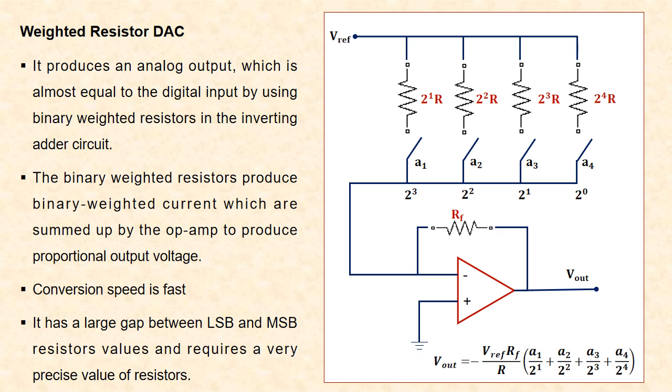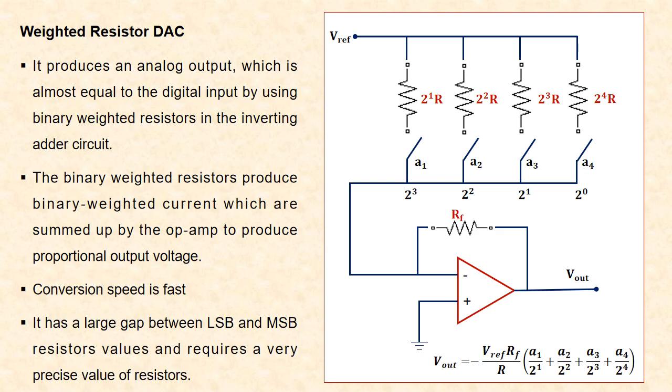Here, the binary weight resistors produce binary weight current which are summed up by the op-amp to produce proportional output voltage. The conversion speed of this DAC is very fast compared to R-2R ladder DAC.